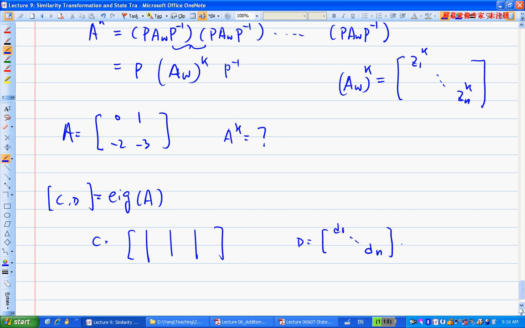That's what is returned from the EIG. This D1 to Dn represents the eigenvalues of the matrix A. Each column here is the corresponding eigenvector for each one of the eigenvalues.